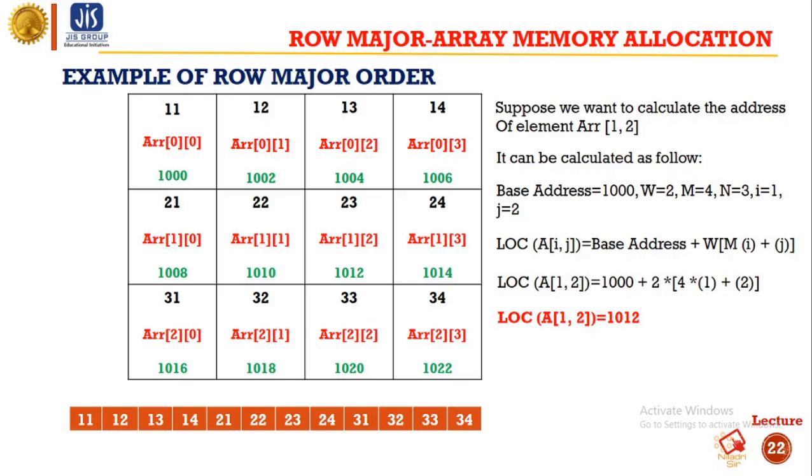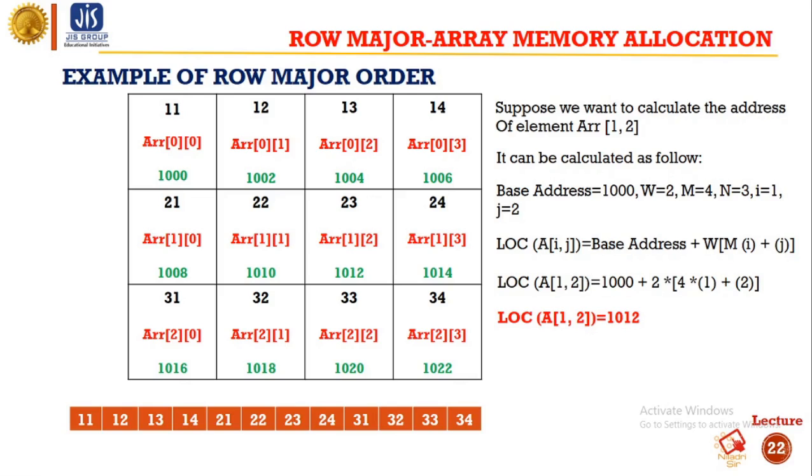Okay, so how the array locations are calculated, like 11, 12, 13, 14, 21, 22, 23, 24, 31, 32, 33, 34, like this. Okay, so suppose we want to calculate the address of element ARR12. So how will we do it?